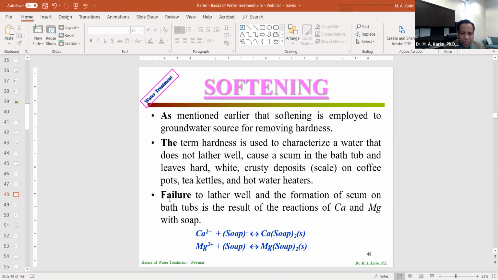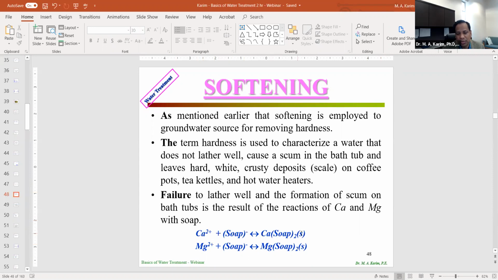So here is what happens: failure to lather well and formation of scum on the bathtubs, the result of the reaction with calcium and magnesium. So this is a soap. Soap is basically sodium stearic acid, right? If calcium and magnesium are present in the water, it's called hard water, then it will replace the sodium from the soap.